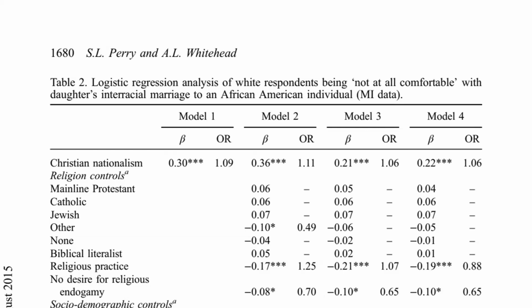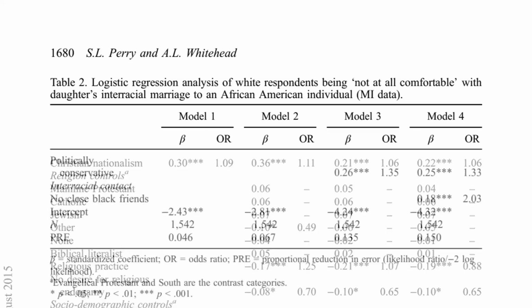So we're not going to go through what all the numbers mean. The only thing that I'm going to mention is what the asterisks mean. So the asterisk means that the effect of that factor was significant. It means that it made a difference. It means that it took them from not at all comfortable to slightly more comfortable in a way that was reliable and detectable and statistically real. It was a real difference.